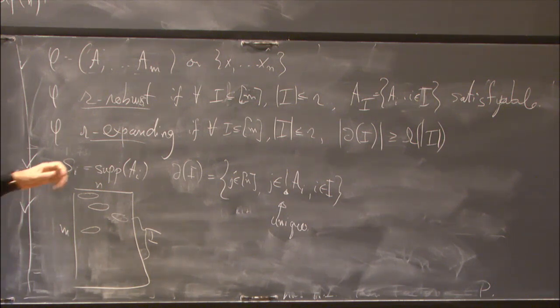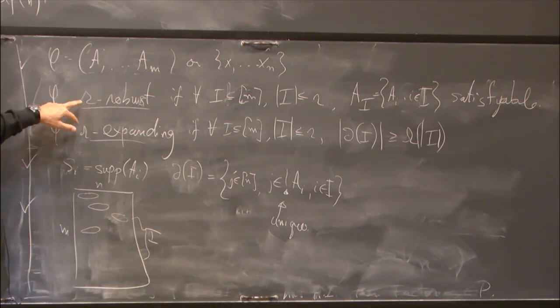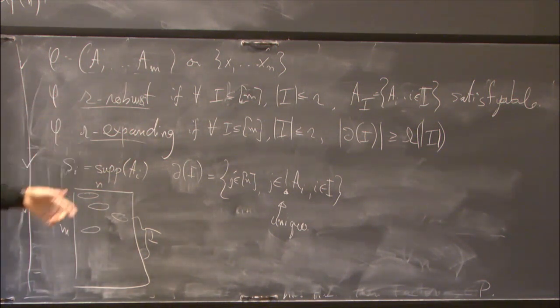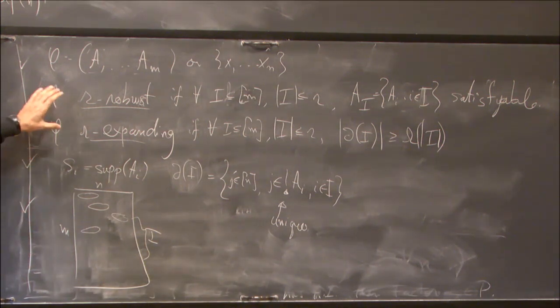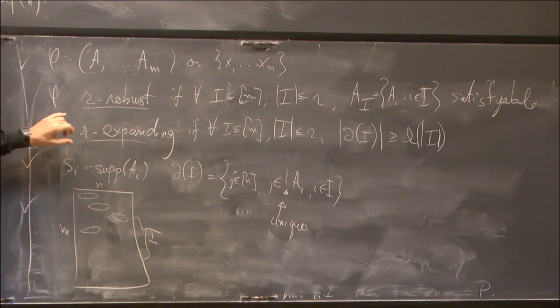Okay, let's just check one. First of all, I put the same R in both. You can put different parameters, but the minimum of them would imply the lower bound, so I put the same parameter R.